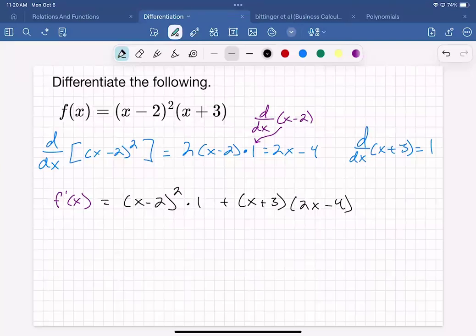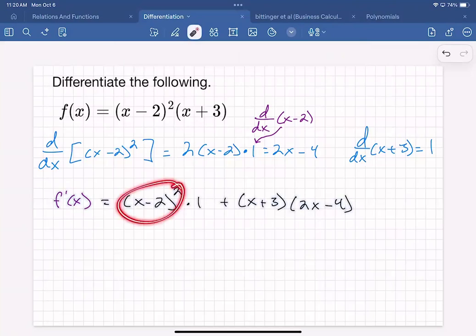Not necessarily, as long as you have one original function times a derivative plus the other original function and the other's derivative, right? As long as you flip flop. So one term better have f of x and the derivative of g of x, the other one better have g of x and the derivative of f of x. Okay.